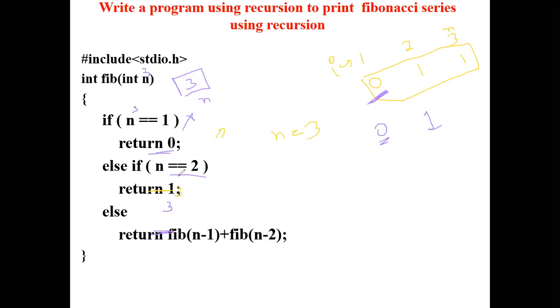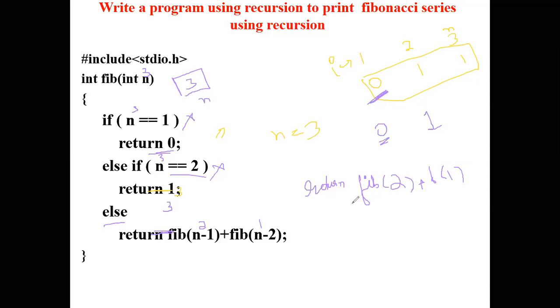Else if 3 is equal to 2, again the condition fails. So we'll go to the else part. In the else part we have return fib of n minus 1, so 3 minus 1 is 2, plus fib of 3 minus 2, which is 1.